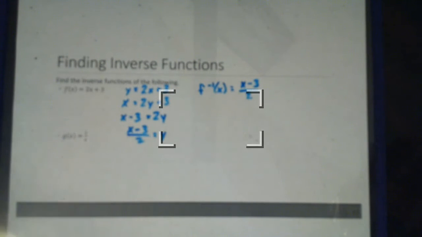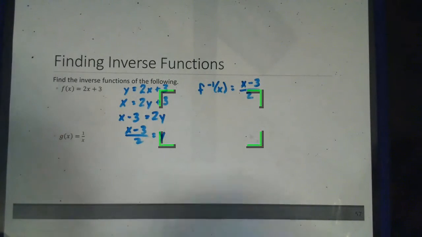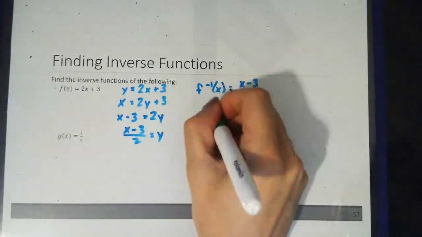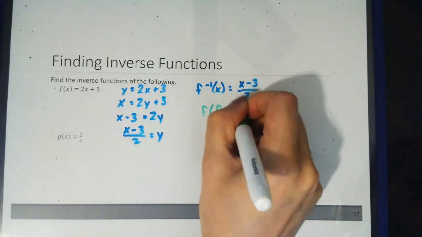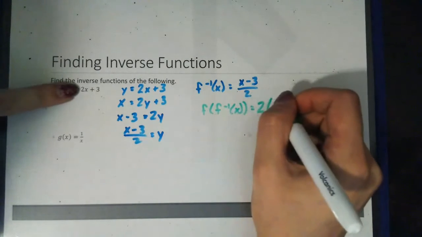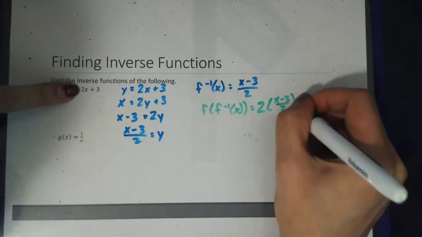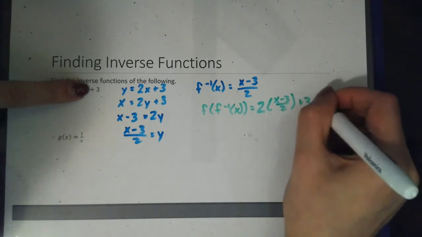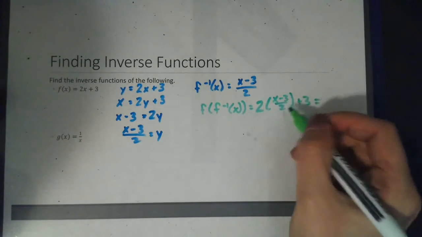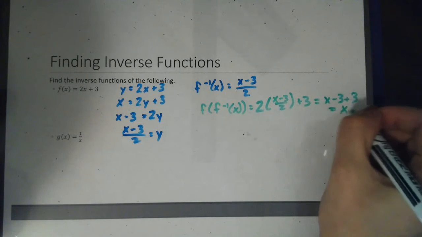We can check our answer by using composite functions, so I'm going to try that. If I find f of f inverse of x, that's going to be 2 times my inverse function, x minus 3 over 2, plus 3. The 2's divide out, leaving me with x minus 3 plus 3, which is x.